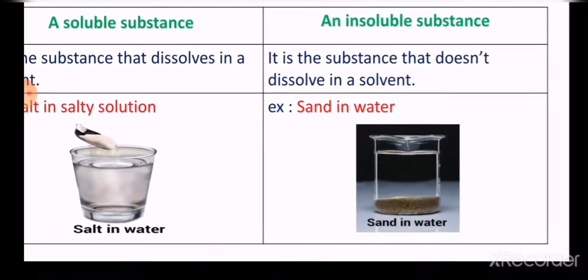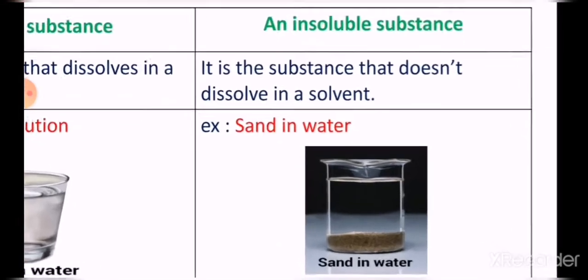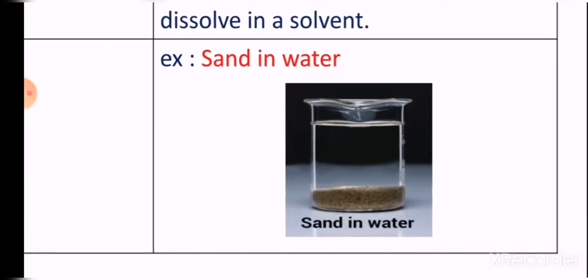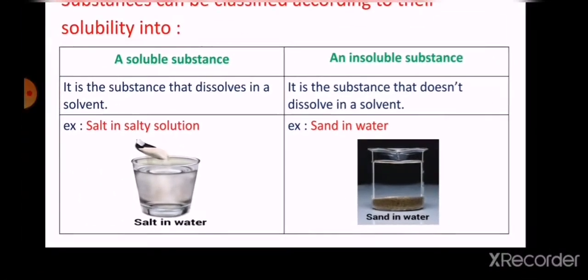But an insoluble substance is a substance that doesn't dissolve in the solvent, like sand in water or mud in water. When you put sand in the water, the sand doesn't dissolve in the water. So sand is called an insoluble substance.